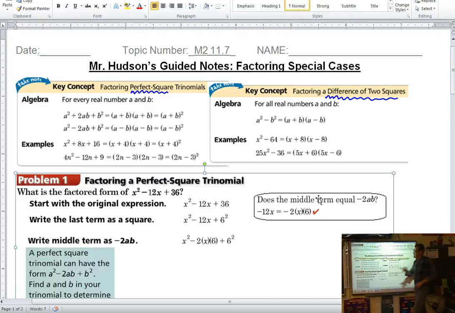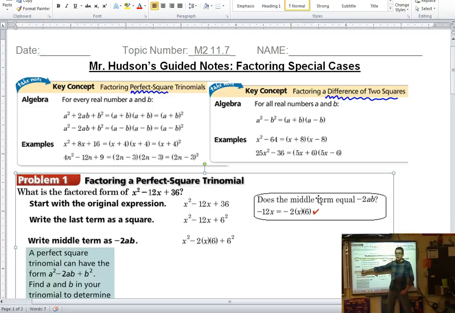So if we had x squared plus 8x plus 16, we can break that down into x plus 4 and x plus 4, because 4 squared makes 16, and 4 doubled makes 8. When we have a coefficient on the n squared, that changes things slightly, because then the values that start my parentheses both need to be the same.